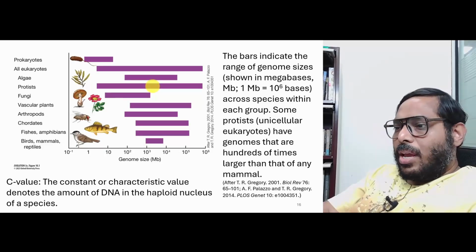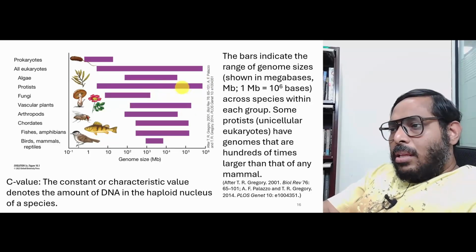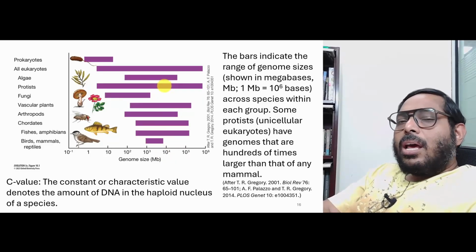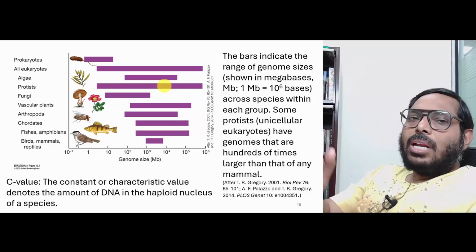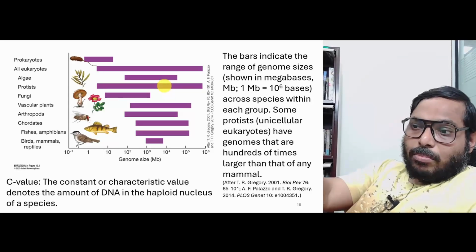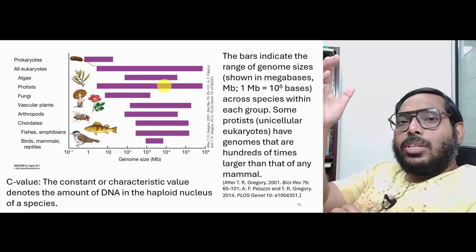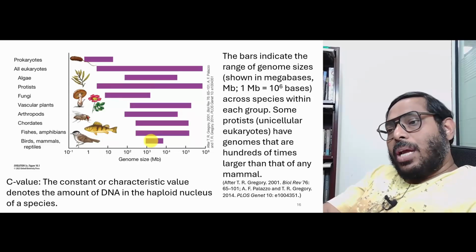Look at the amount of variation that you have in protists, and this entire zone is actually greater than all birds, mammals, reptiles, suggesting that there are quite a few protists which have genomes that are orders of magnitude larger. Remember, the x axis is in the log scale. So they have orders of magnitude larger genomes compared to birds, mammals and reptiles.